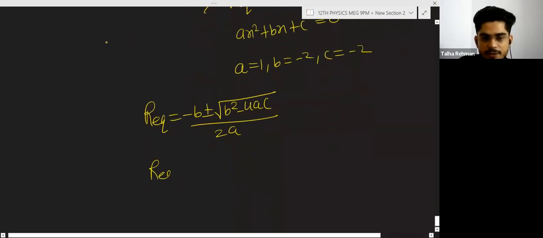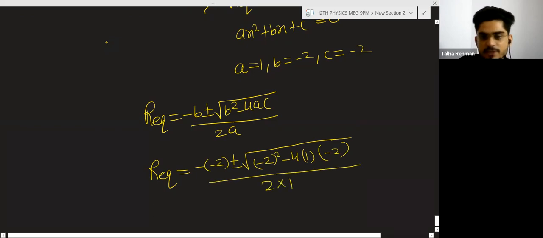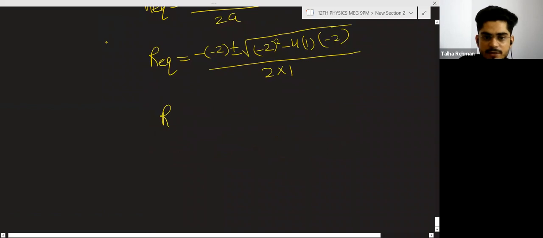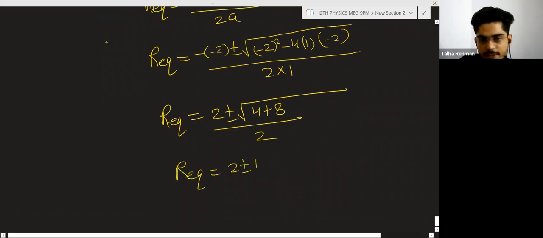So R equivalent is equal to minus b, meaning 2, plus minus root of b square, meaning minus 2 square, minus 4 into a which is 1, into c which is minus 2 again, divided by 2a which is 2. So you get 2 plus minus root of 4 plus 4, which is 8, divided by 2.